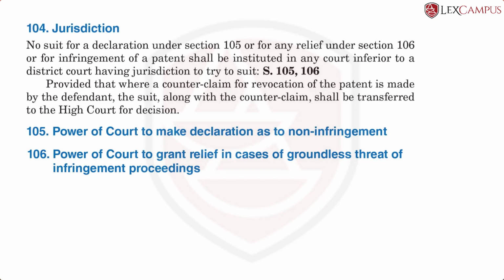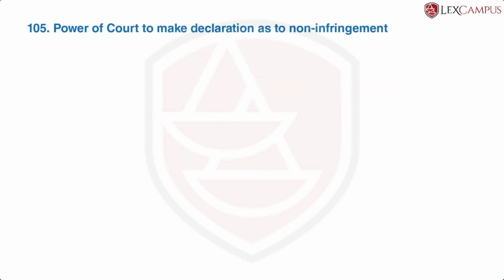Those abuses could pertain to abuse of use of a patent, or it could also be abuses pertaining to competition laws. So, 105 talks about a preventive action a potential infringer can take even before the infringement suit is filed against him. Now, what is that relief?